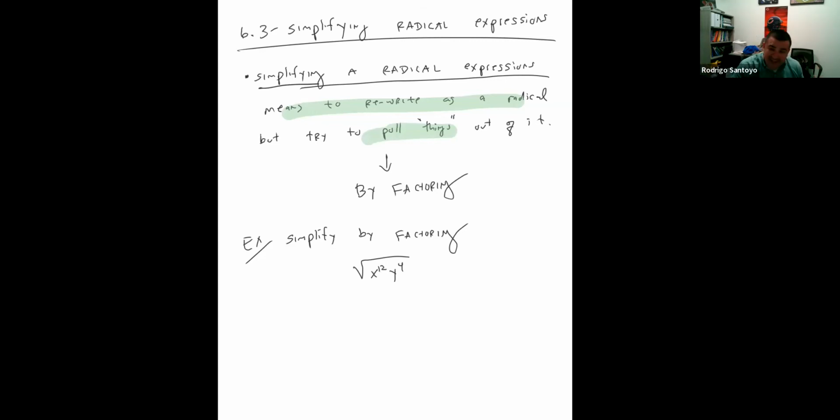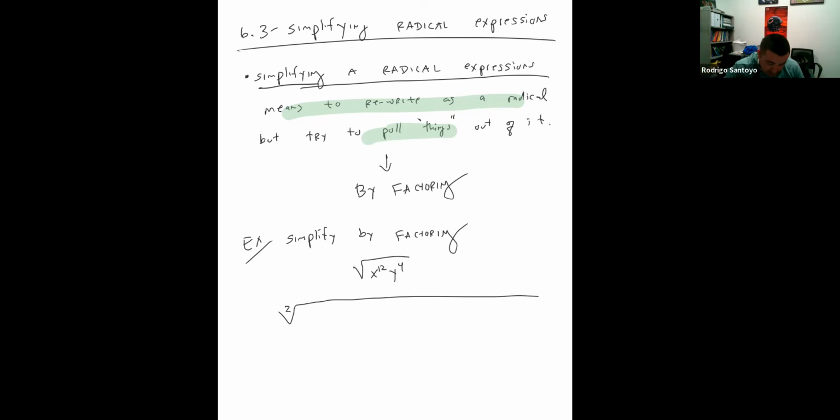Notice that my index is not present, therefore my index is 2. I'm going to make this kind of long just because I've got a lot of stuff in there: 12 x's and 4 y's.